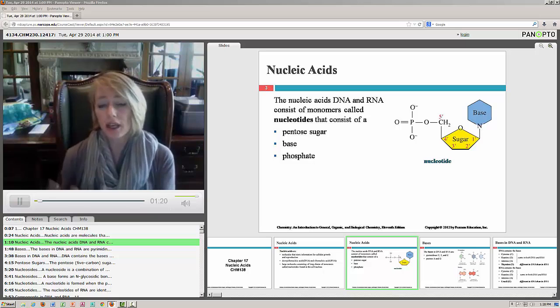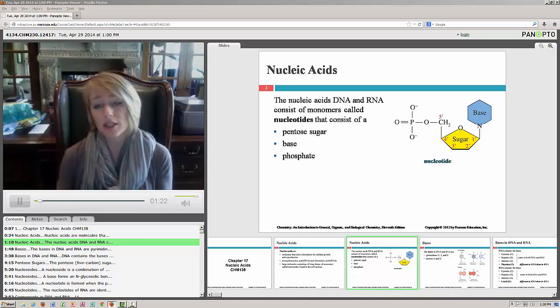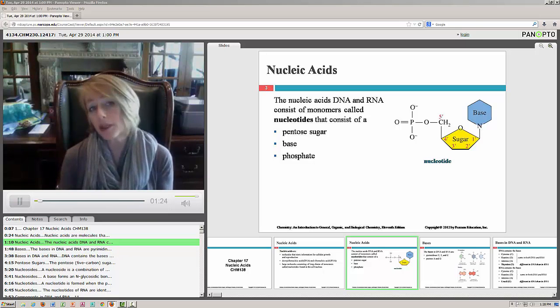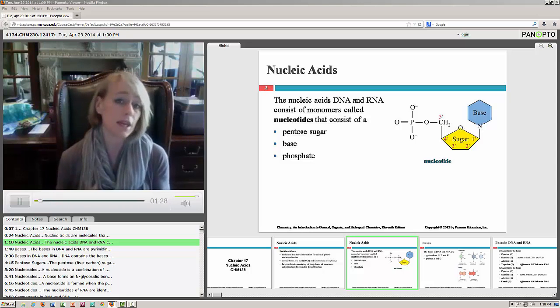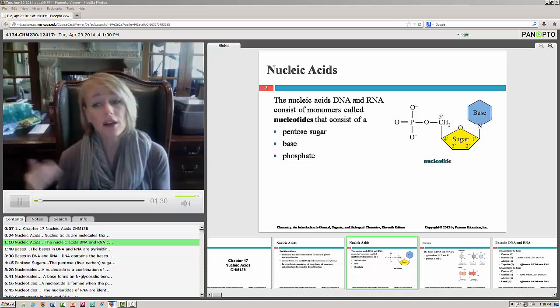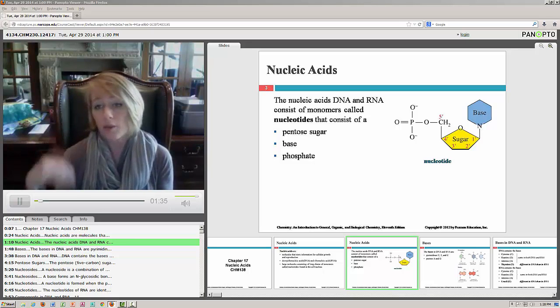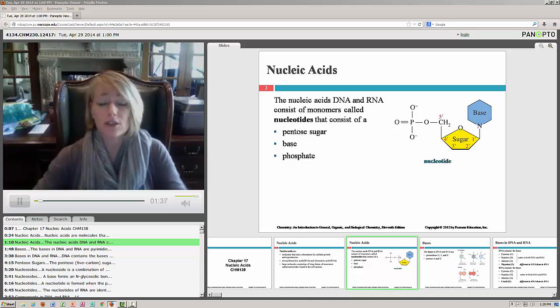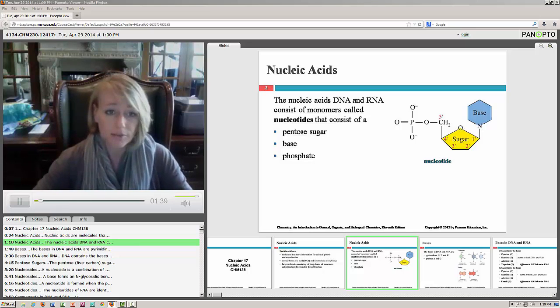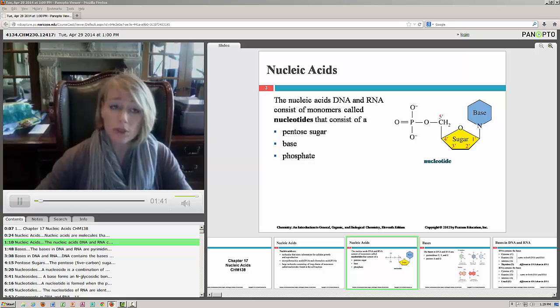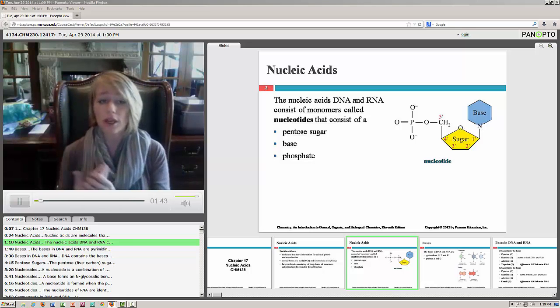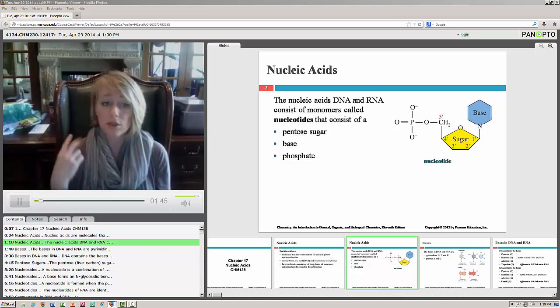That is a phosphate connected to the 5' carbon of a sugar. The sugar has a pentose ring, which means it has 5 members within the ring. And on the other side, on the 1' carbon, the first carbon, there is a nitrogenous base connected there. So there are 3 major components of a nucleotide within the monomer: a pentose sugar, a base, and a phosphate.